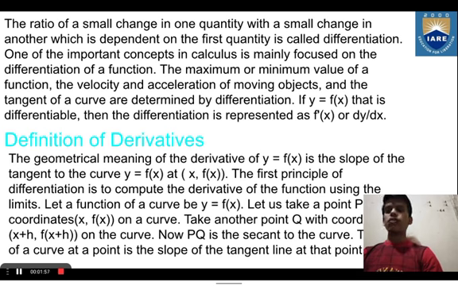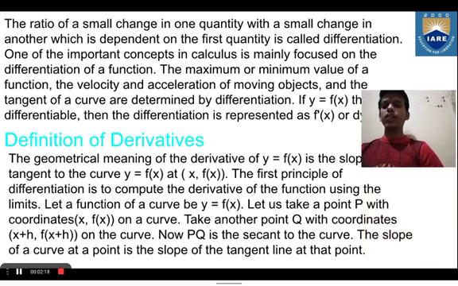So, the definition of derivatives. The geometrical meaning of the derivative of y equals f of x is the slope of the tangent to the curve y equals f of x at the point (x, y) or (x, f of x), that is the function value at x. The first principle of differentiation is to compute the derivatives of the function using limits.